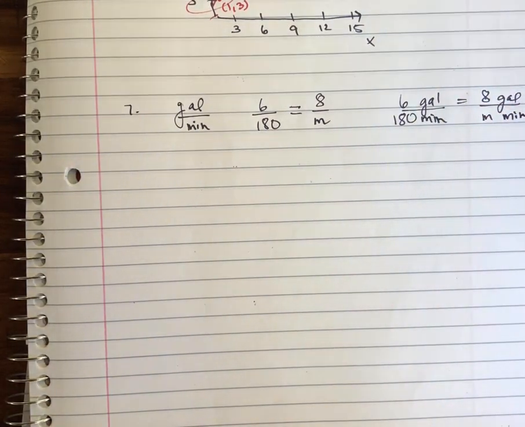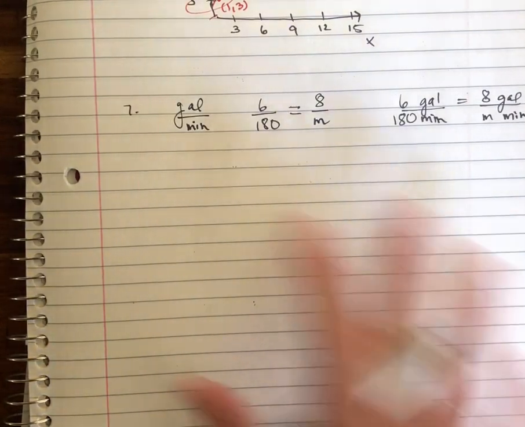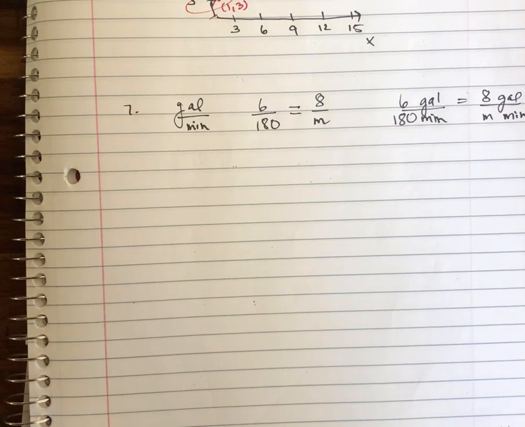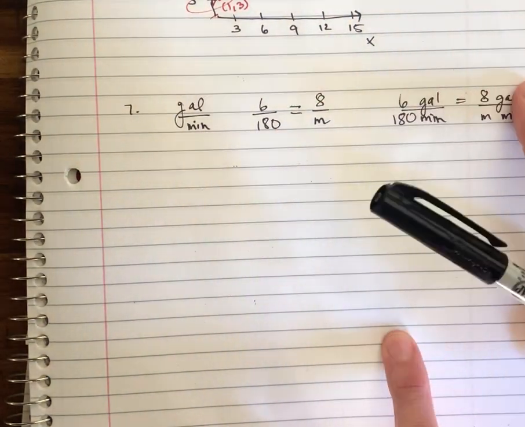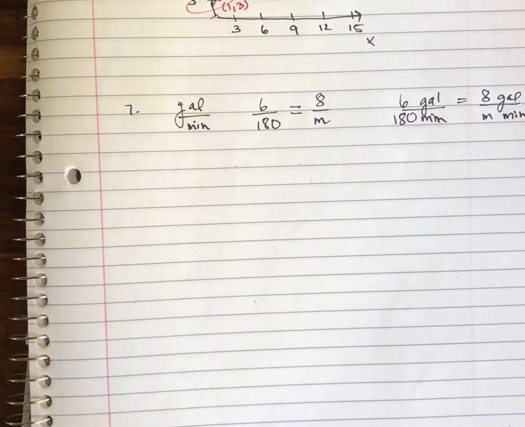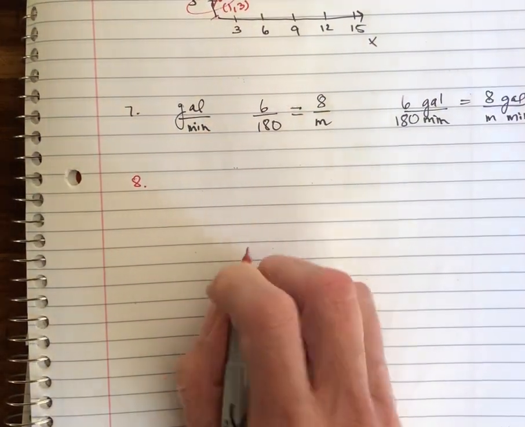That works too, okay? Both of them are right. We have the right numbers in the right spot. Or again, these could be flip-flopped with both minute values at the top and both gallon values at the bottom, okay?